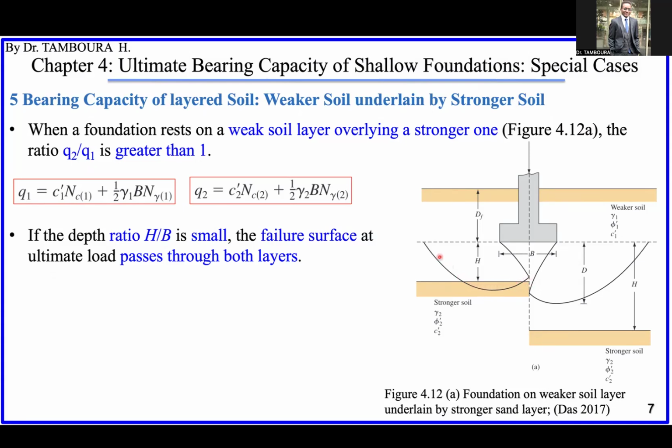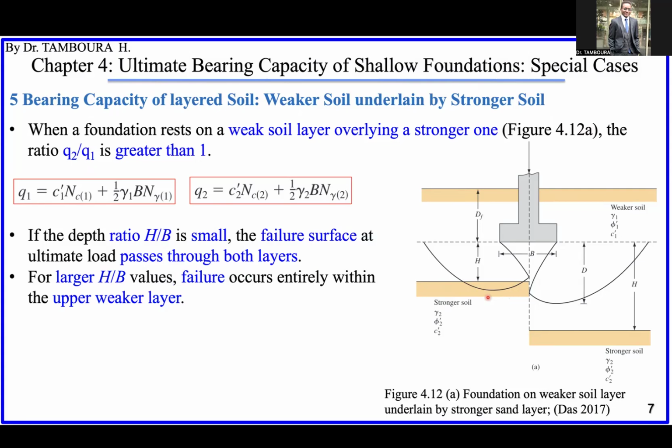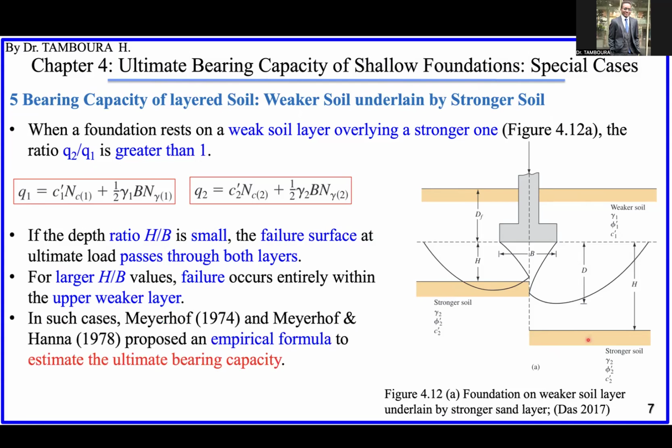It will cross the border. For the case of a large H over B value, the failure will be confined only to the upper layer. It will not reach the bottom layer.